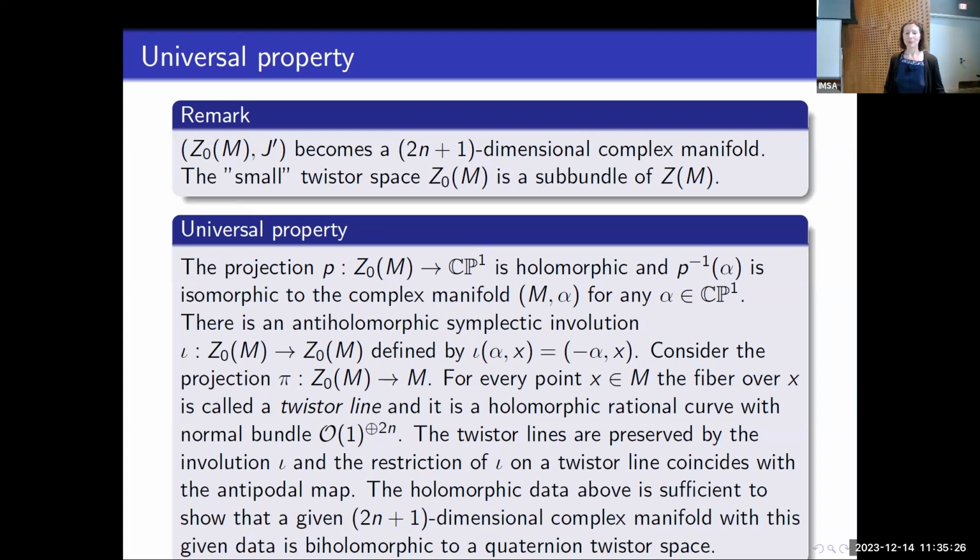And this holomorphic data above, with the double fibration, the anti-holomorphic symplectic involution, and the twistor lines with this specific normal bundle, is sufficient to say that some space is a twistor space. So this is the universal property. If you have a complex manifold with this data, this is actually a twistor space.